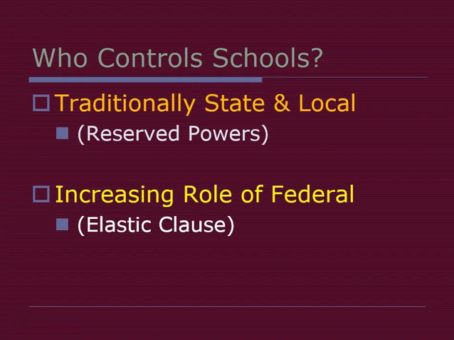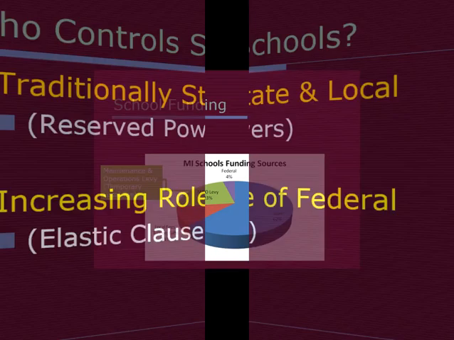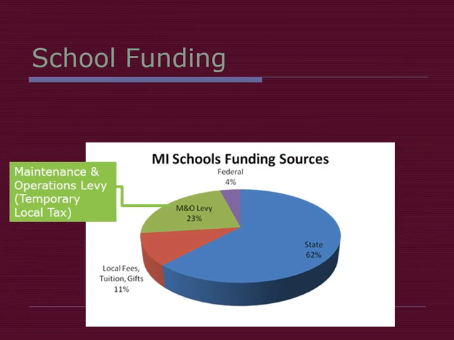Over the course of the last 30 years or so, the federal government has significantly increased the role that they play in controlling education. They've decided that American education is such a problem that they need to take a look at it, which is why you, as members of Congress, are going to take a look at education. And again, traditionally, this is still a pretty small percentage of what's going on.